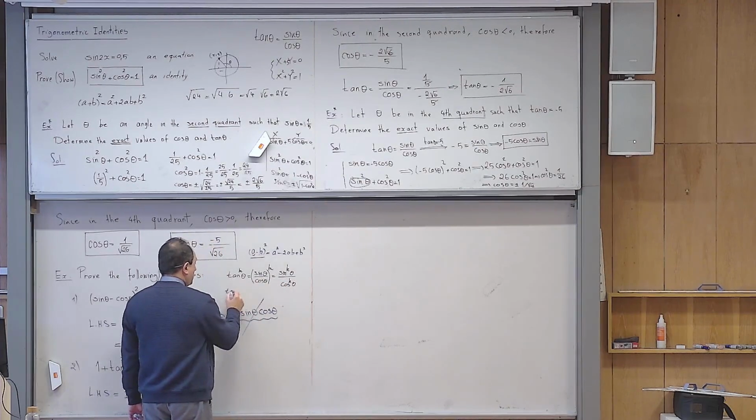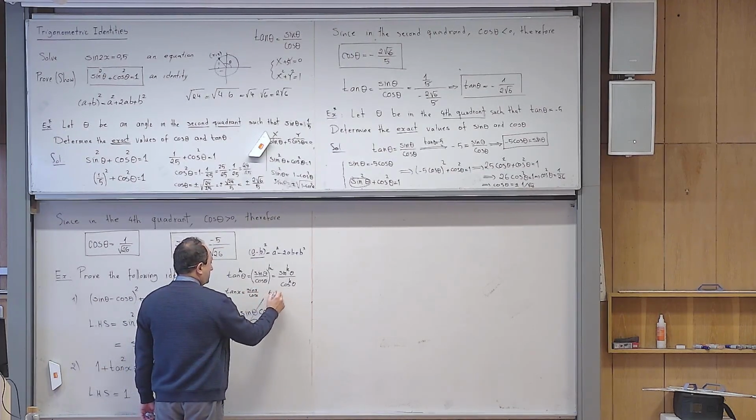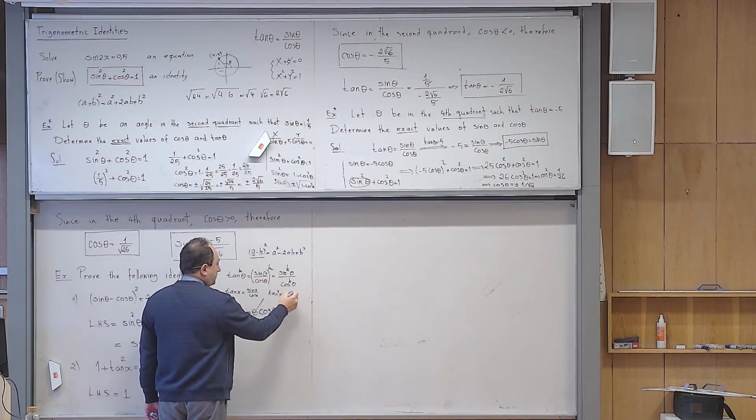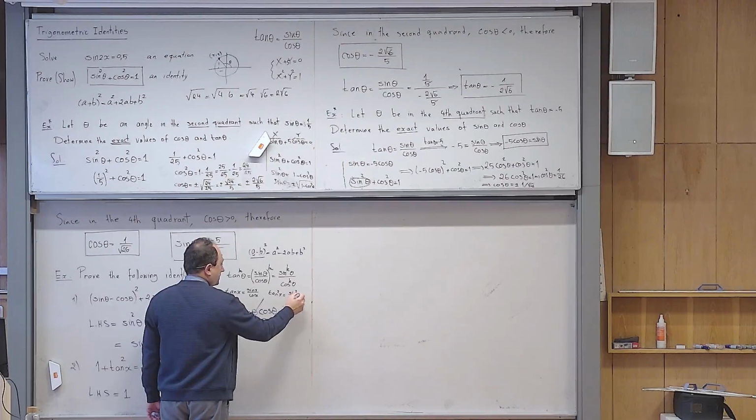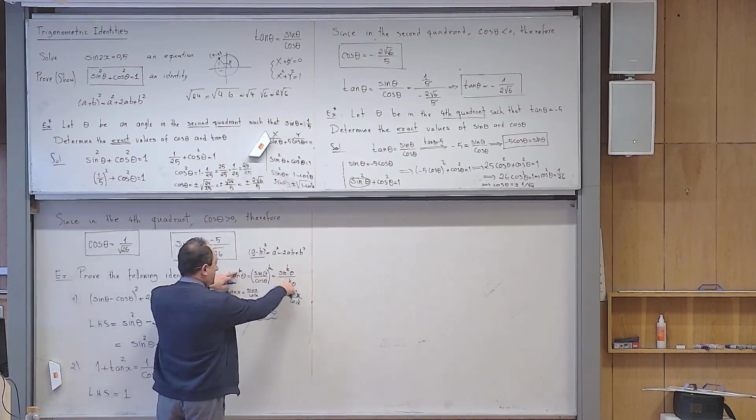Okay, so when you write tangent x, you can simply write sine x over cosine x. And if I ask you tangent to the power of 2x, you don't need to write so many things. You just simply write sine to the power of 2x, cosine x to the power of 2, okay? Quickly. So you don't need to justify that this power goes here and there.